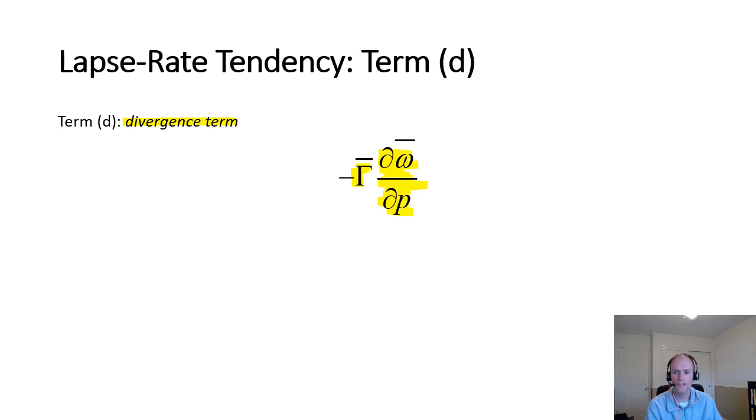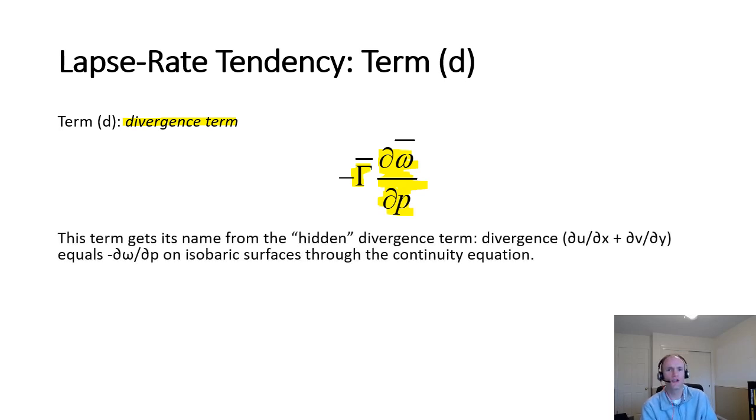And in our previous video, we said that this term is directly related to the divergence. Divergence itself equals this minus d omega dp on an isobaric surface through the continuity equation. And so we can mathematically or analytically interpret this term as simply the lapse rate times the divergence here.